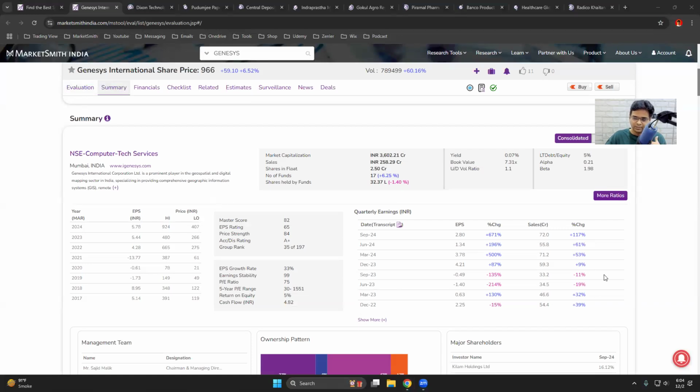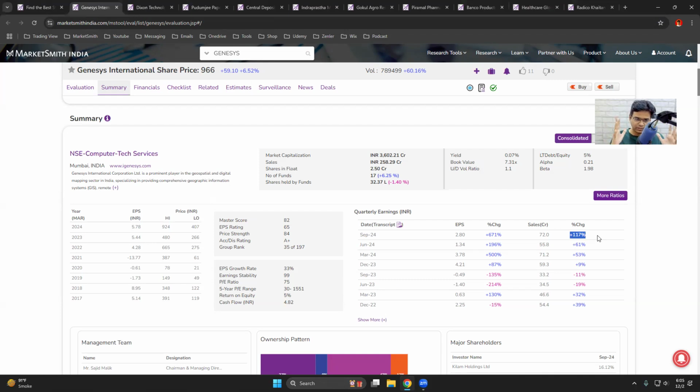What William O'Neill says is that this number, the quarterly sales growth, when you compare the September quarter with the same quarter last year, September 2024 with September 2023, this number should be minimum 25%, provided it has grown. That is what he found, as per his book.